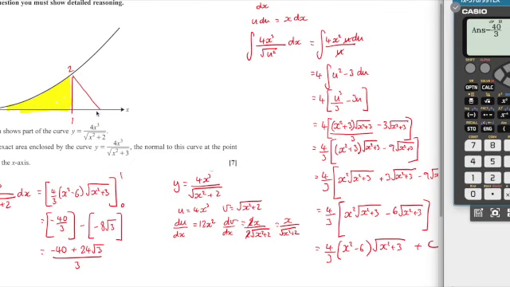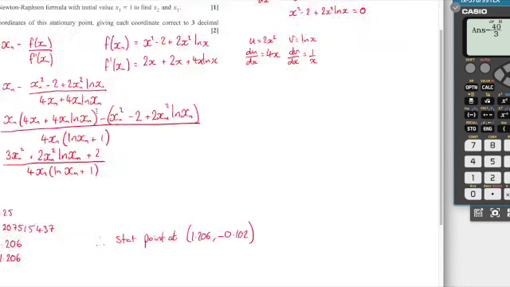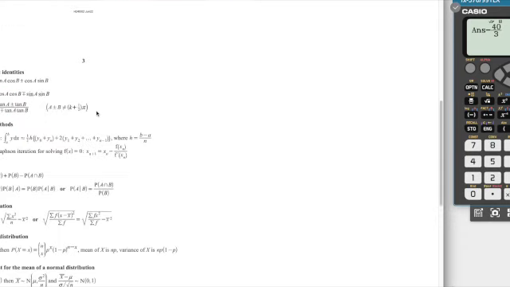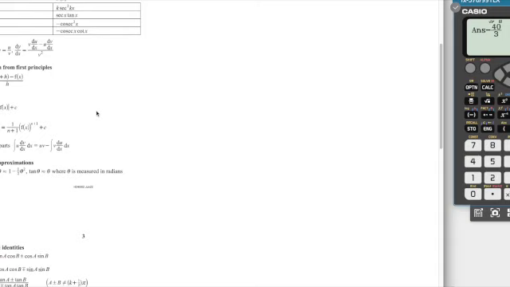I can never remember the order for quotient rule, so let's just make sure I get it the right way around. The quotient rule is on the bottom there, the middle of the first page.